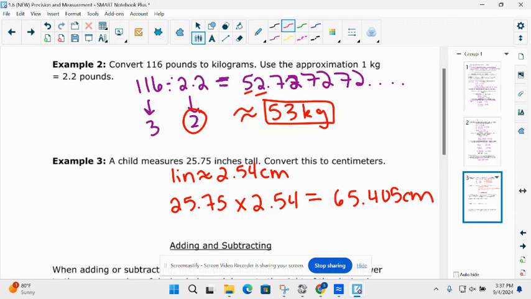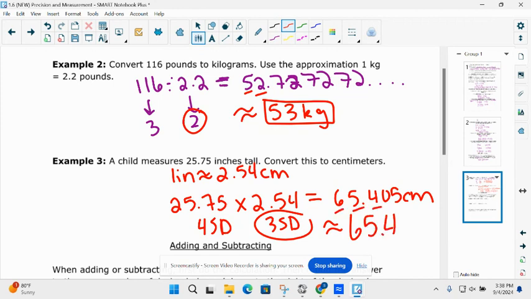Which number has the least number of significant digits? This one has 4 significant digits, and this one has 3. So we're going to round our answer to 3 significant digits. So this would be 65.4. You don't have to round it up.